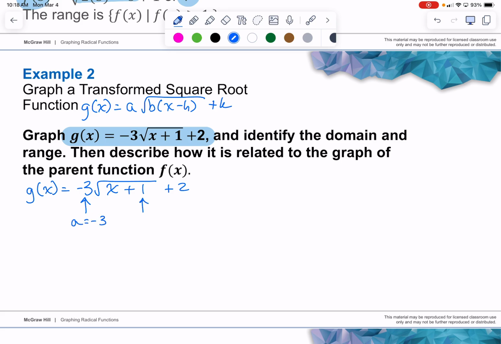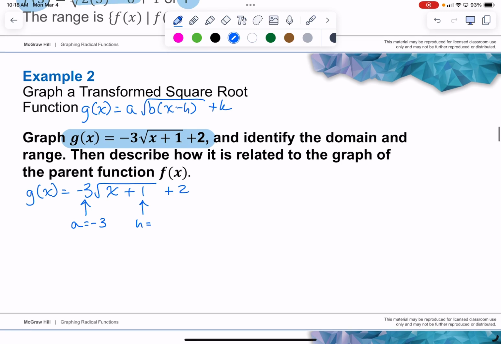What's my h value? This has a minus in it. Negative 1, so it's opposite. And then k is 2. Okay? What does the k equal 2 do to my function? What transformation does it create in my function? Yeah, it goes up 2.